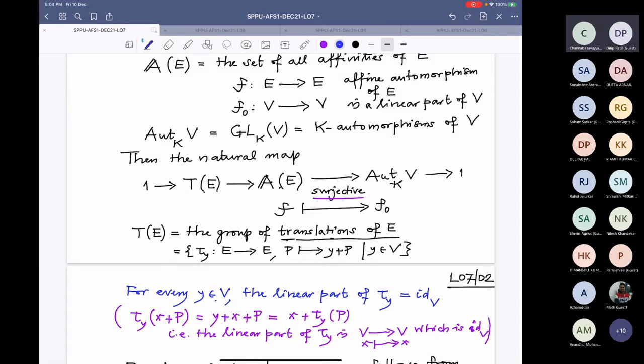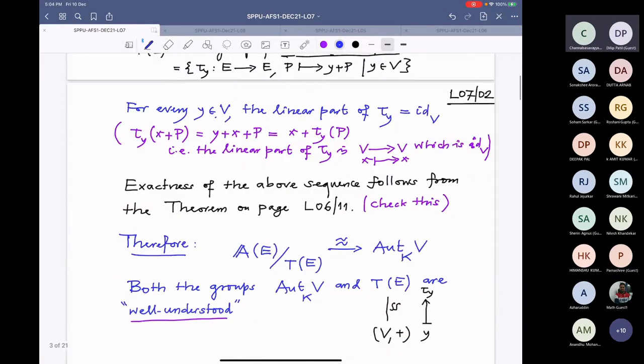And where does it go further? The linear part, but the linear part is identity. That means it is in the kernel. So therefore the image of this map is contained in the kernel. That clear? And the converse also.